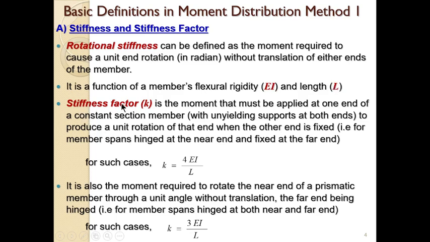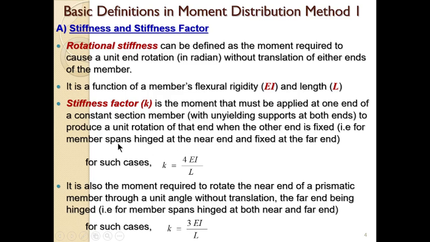Now, the stiffness factor, which is usually represented with the symbol K, is the moment that must be applied at one end of a constant section member to produce a unit rotation of that end when the other end is fixed.